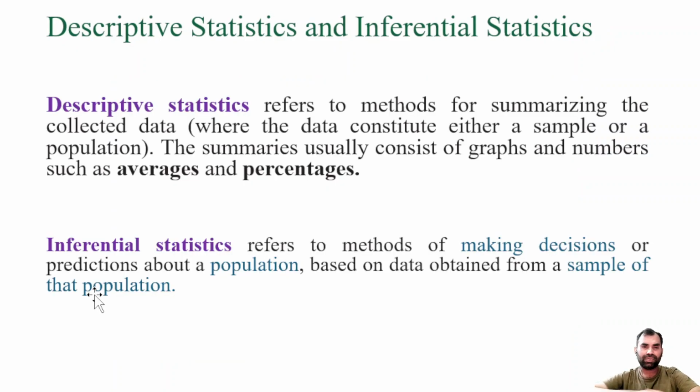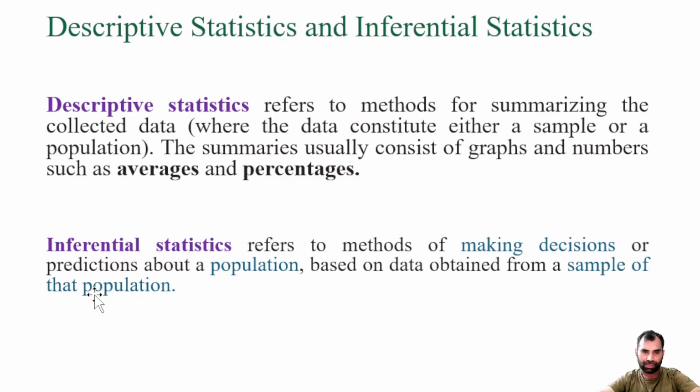So from here we can say that statistics can be further subdivided into two categories: descriptive statistics and inferential statistics. Descriptive statistics refers to methods for summarizing the collected data. The summaries usually consist of numbers, graphs, and tables.